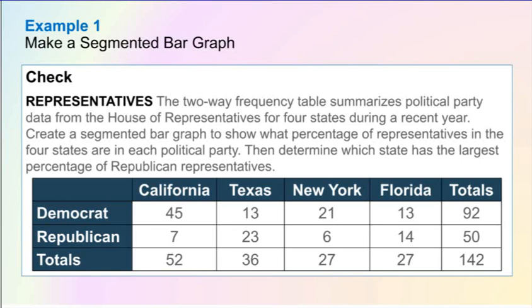So we have California, Texas, New York, Florida are the ones that we are comparing. So this column for California divided by 52, Texas by 36, New York by 27, Florida by 27.